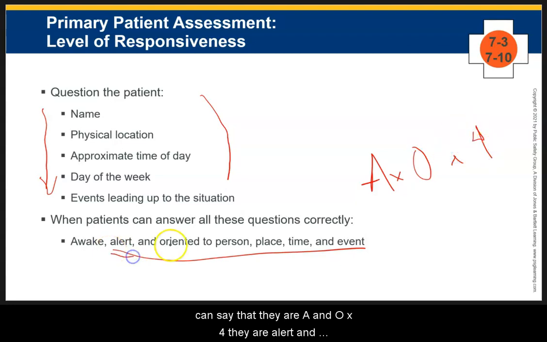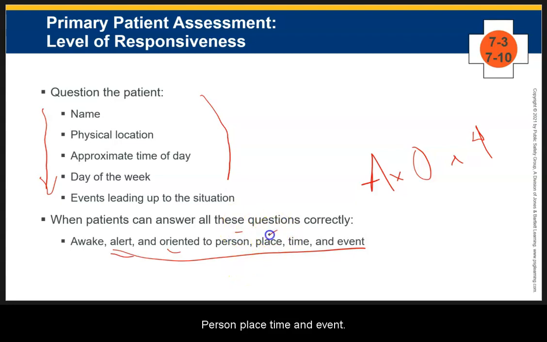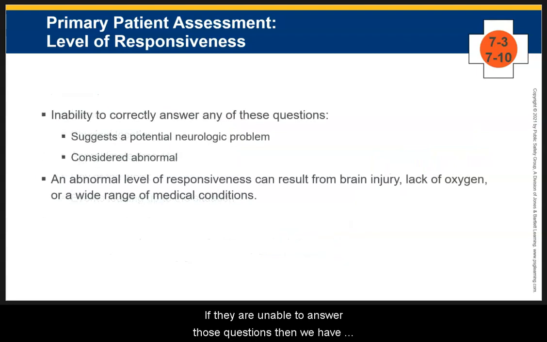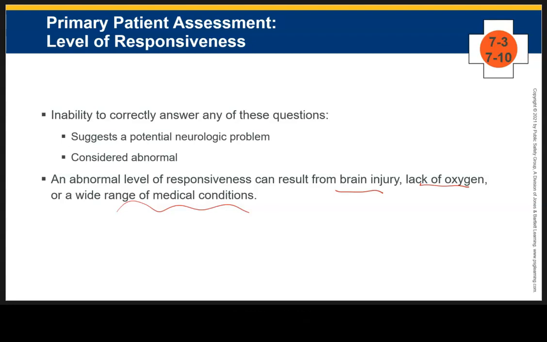They are alert and oriented to 4 things: person, place, time, and event. Now, if they're unable to answer those questions, then we have the potential for some neurological problem. Could be due to a brain injury or hypoxia or any other set of medical conditions. Perhaps they're having a diabetic emergency.